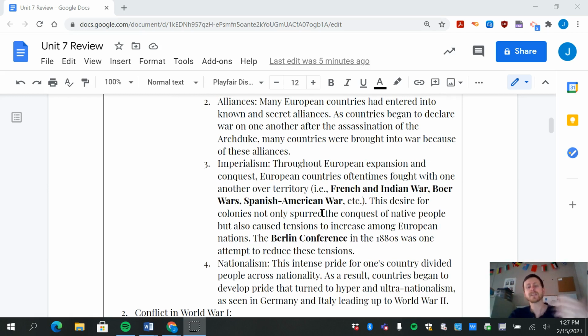Now, the next one is imperialism. So we've spent a lot of time talking about imperialism. You know, England is imperializing parts of North America, India. You know, you have Belgium that's in Southern Africa, as well as in other areas in the Pacific. You have the Spanish that have pretty large controls over Latin and South America.